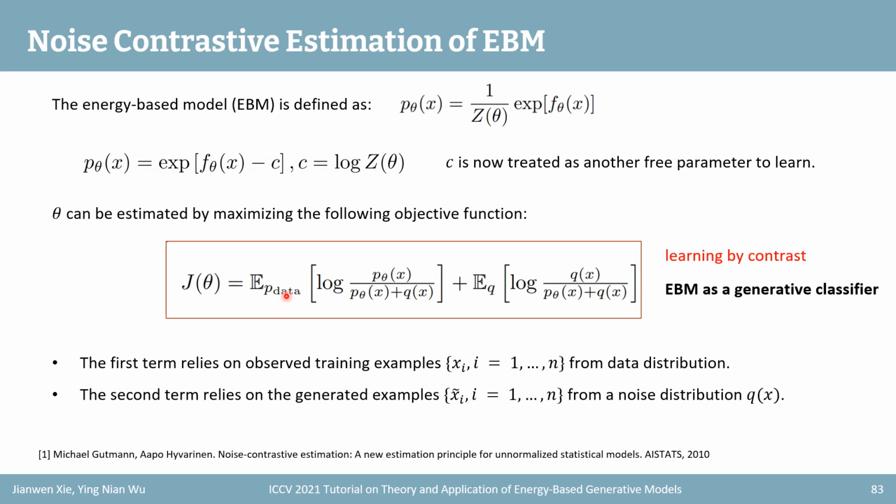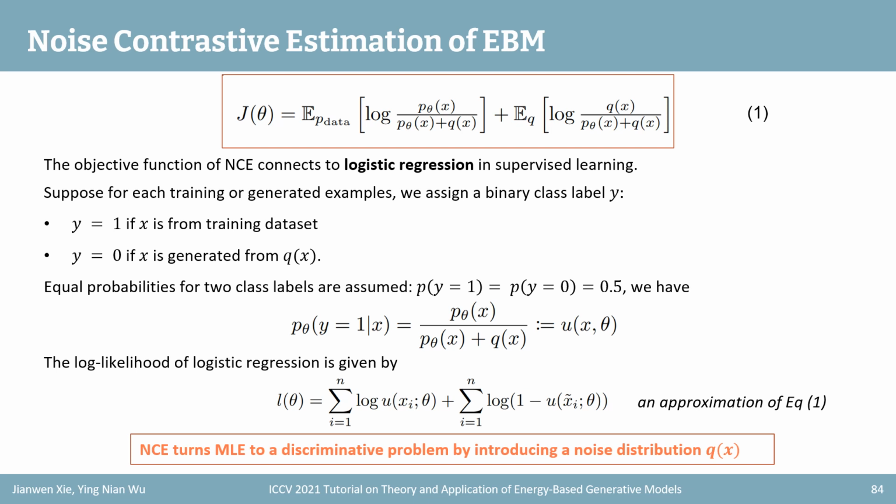So this can be approximated by averaging over observed training examples. And expectation with respect to Q can be approximated by averaging over the generated examples from the noise distribution Q of X.